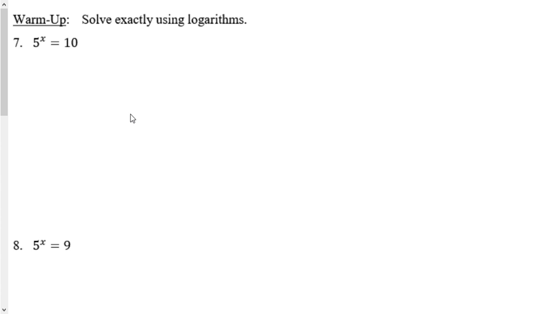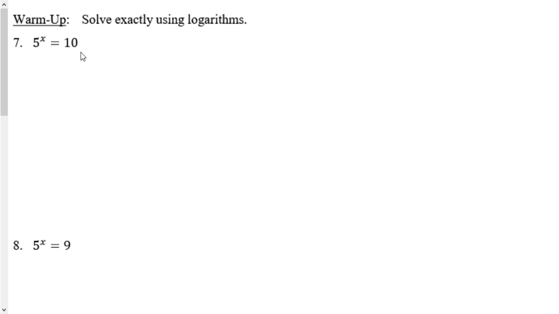We want to solve exactly using logarithms, so we're going to do this algebraically. Well, the easiest option, I would say, for solving this first equation would be just to rewrite it in logarithmic form.